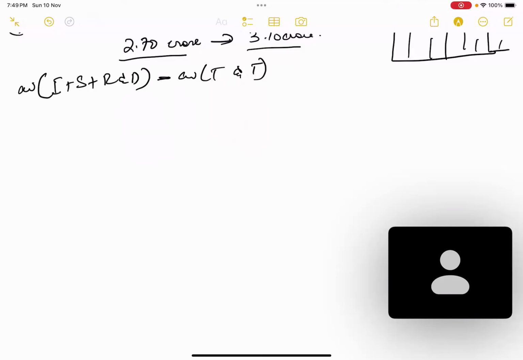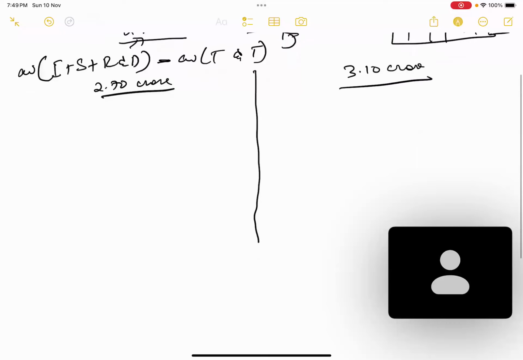We find this difference first for 2.70 crore and then for 3.10 crore, and after that we subtract the two values to get the answer. So let's divide it into two sections: the original expenditure of 2.70, and the second expenditure incurred on advertisement.